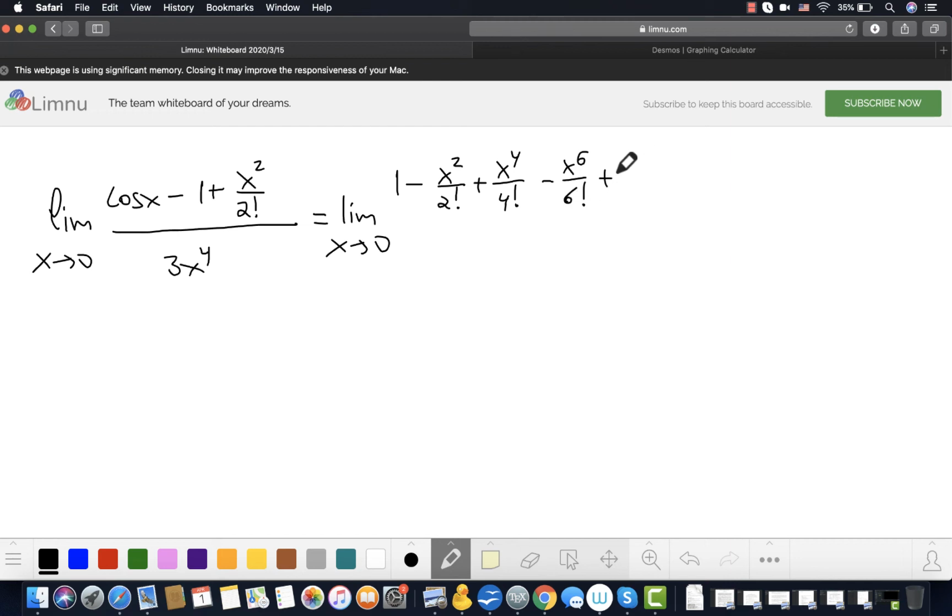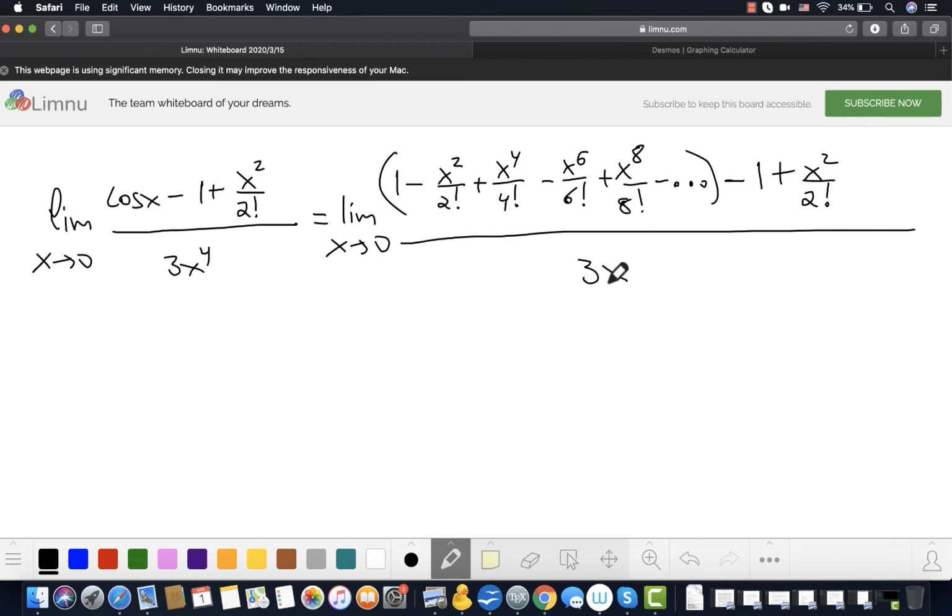Let's write one more term, x to the 8 over 8 factorial, and then minus dot, dot, dot. That's my cosine x here. And then I have minus 1 plus x squared over 2 factorial here.